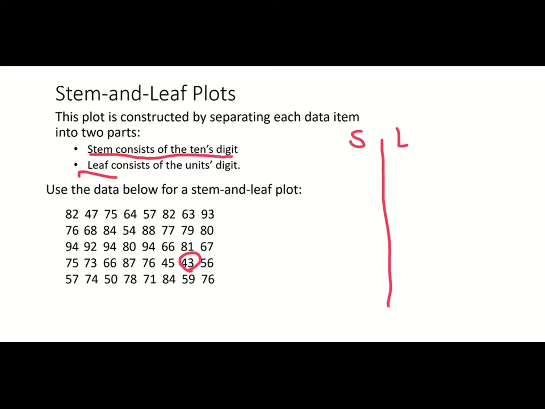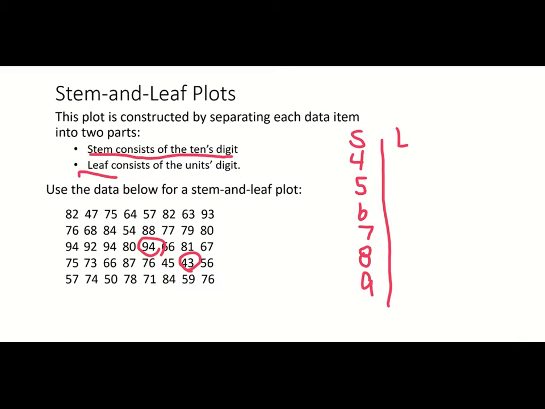But it goes to the 90s. So my stems need to start in the 40s. And because you start with the 4, you want to continue. You don't have to put 0 through 3 because we don't need them. But we do have to put everything between 4 and 9, even if it's not a number that's used. So we're going to do 5, 6, 7, 8, and 9.